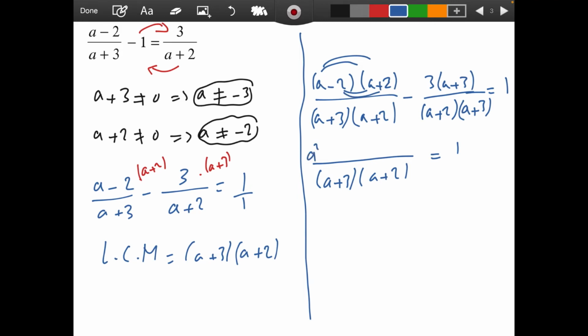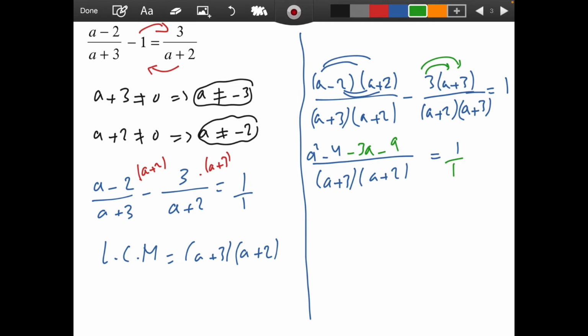So a to the power of 2 minus 4, negative 3 times a, negative 3a minus 9. Simplify and cross multiply.